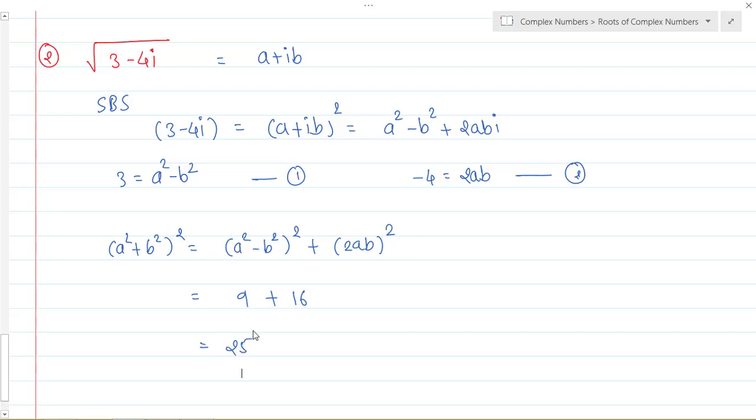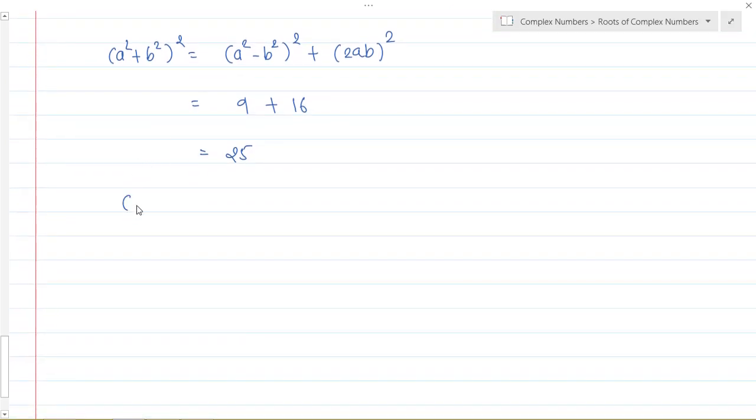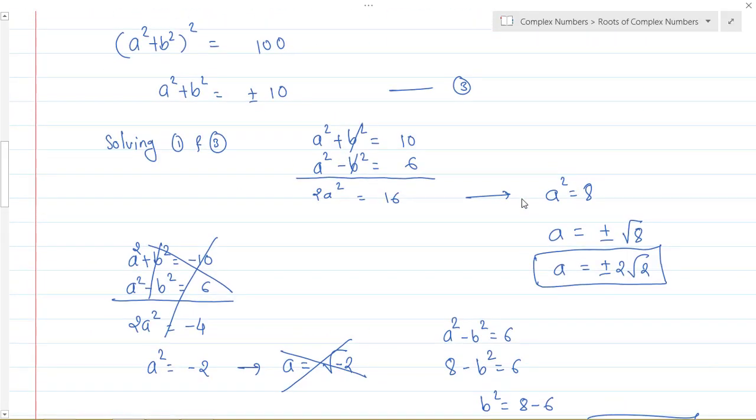Okay, so a square plus b square whole square is 25, so simply I can write a square plus b square is equal to 5 only. Now you can write it as plus or minus 5, but you cannot take minus 5, which we have already seen here. We have already discarded that value.